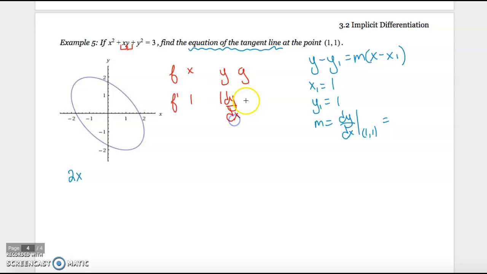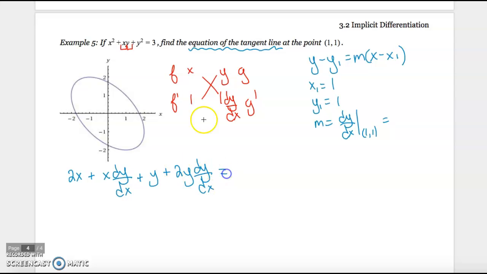Remember, every time you take the derivative of y, you tack that on. Crisscross applesauce. So I have plus x dy dx plus y, and then I have to take the derivative of just a regular y squared. So I get 2y dy dx, and the derivative of 3 is 0.